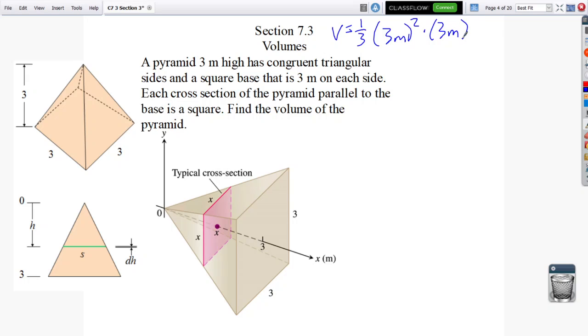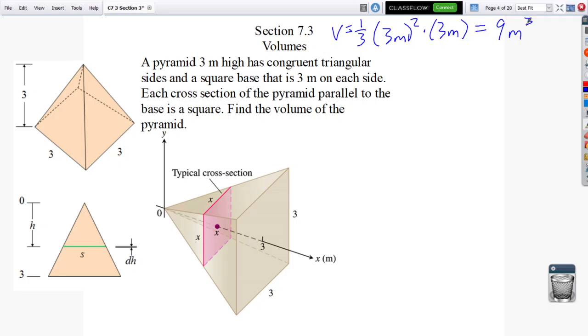So we have 1/3 of 3 squared times 3 meters, which would be giving us, I believe, 1/3 of 27, so 9 cubic meters, right? So we know the volume is 9 cubic meters, and that is the, I'll call it the lame way of doing it. The cooler way to do this is, again, using calculus.